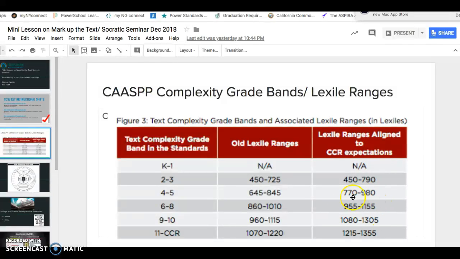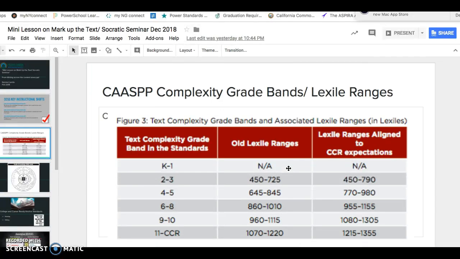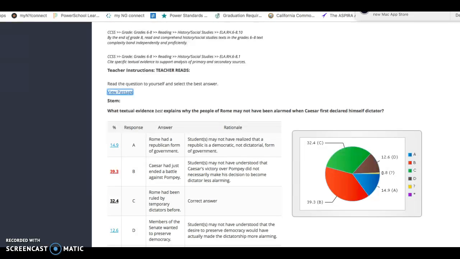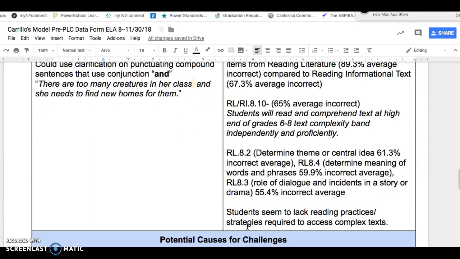So it's very important that we give our students practice in this level of rigor, the DOK that we've talked about before, making sure we give our students practice in the level of rigor that it will be assessed on in the test. So that's an important note to keep in mind, that this is why we need to give our students practice in that range, and continue to work to make sure our students actually make strides towards improving their reading.